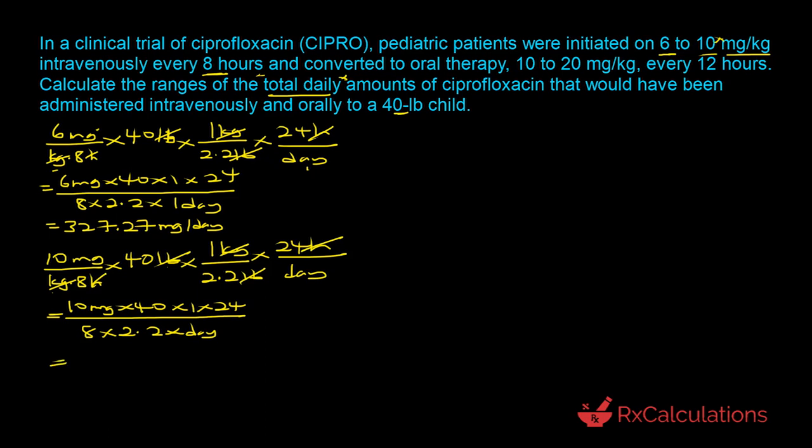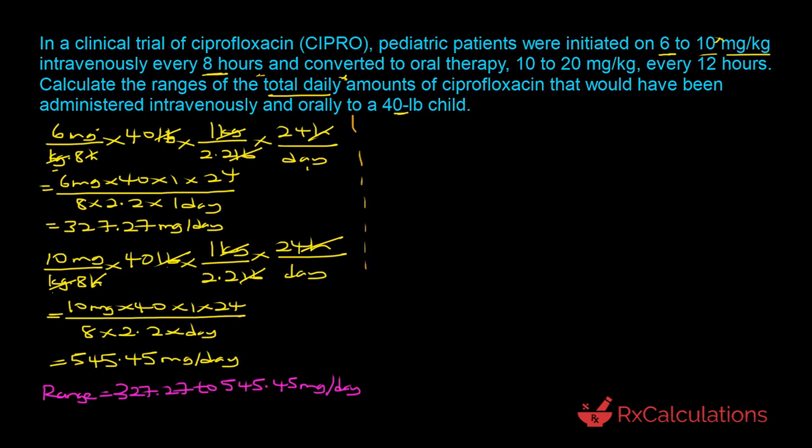By going through the simplification process, we end up with 545.45 milligrams per day. So for this route of administration, the range for the child is going to be 327.27 to 545.45 milligrams per day.